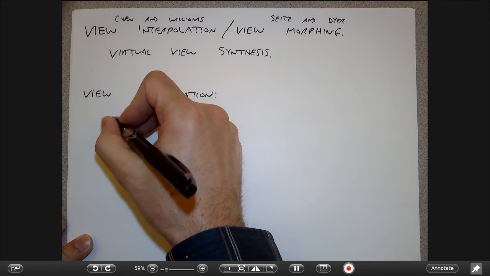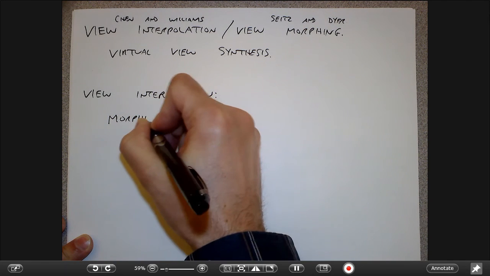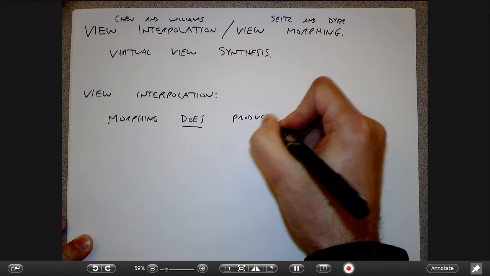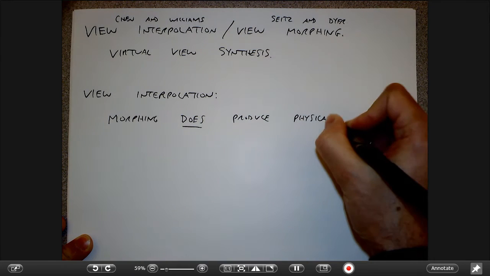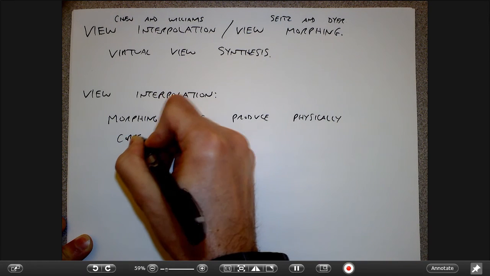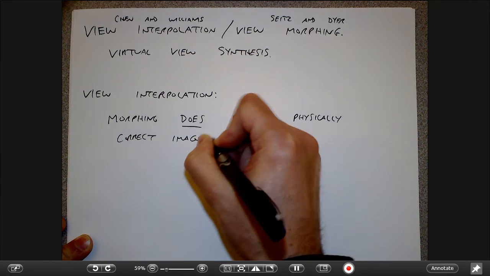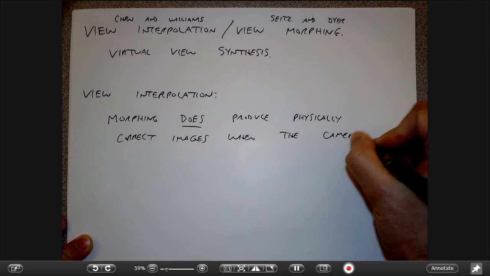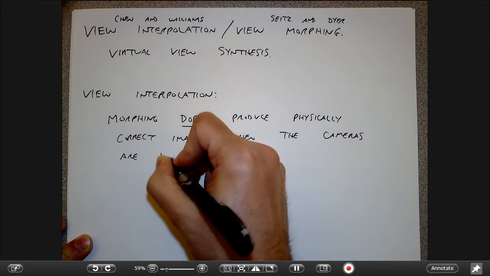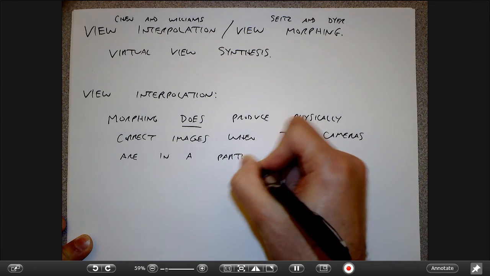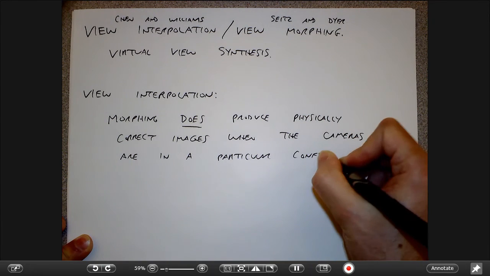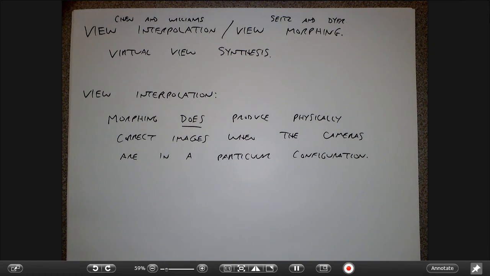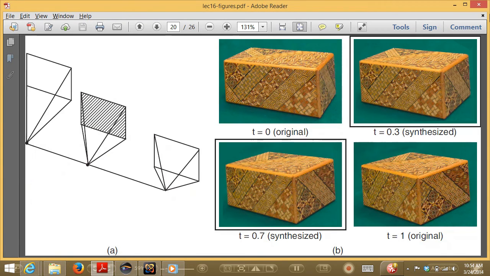The idea would be that basically morphing does produce physically correct images when the cameras are in a particular configuration. What do I mean by that?